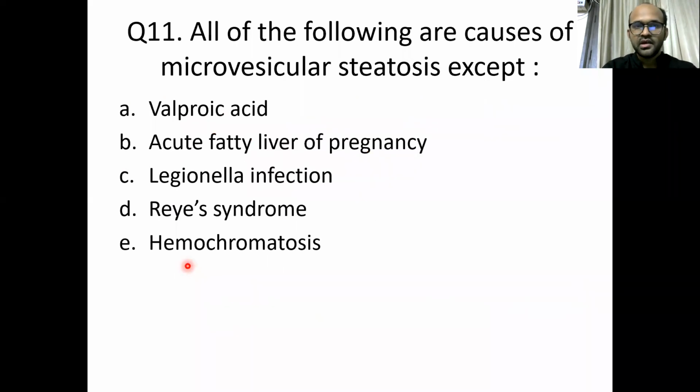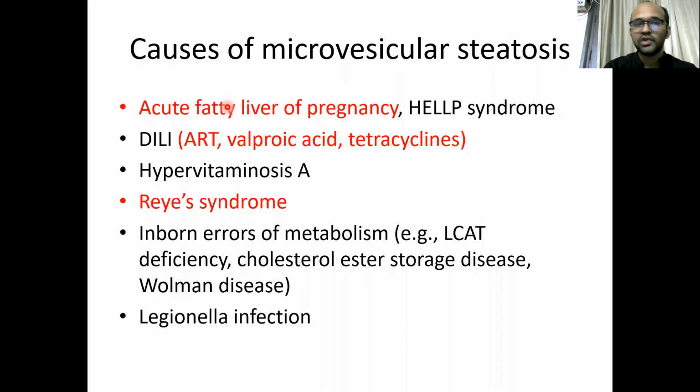Now, all of the following are causes of microvesicular steatosis except: the answer is hemochromatosis, because in hemochromatosis we have macrovesicular steatosis. The rest are the classical causes of microvesicular steatosis. In acute fatty liver of pregnancy or HELLP syndrome, we have microvesicular steatosis. In drug-induced liver injury, particularly with ART, valproic acid or tetracyclines, you again have microvesicular steatosis.